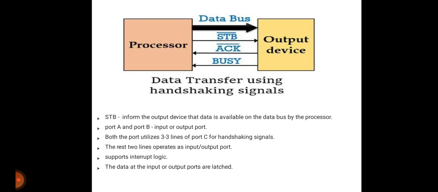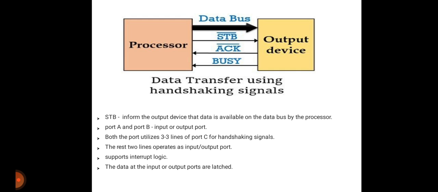The rest of the two lines operate as input and output port. Also it supports interrupt logic. Then the data at the input and output ports are latched. So this is how it works.